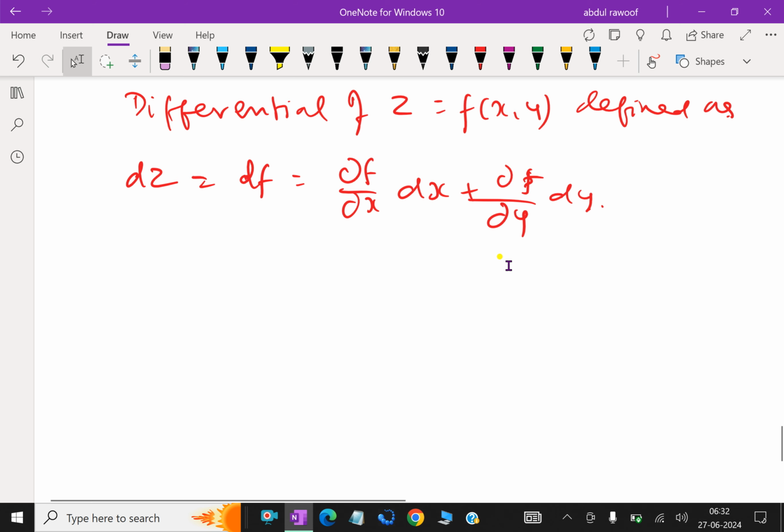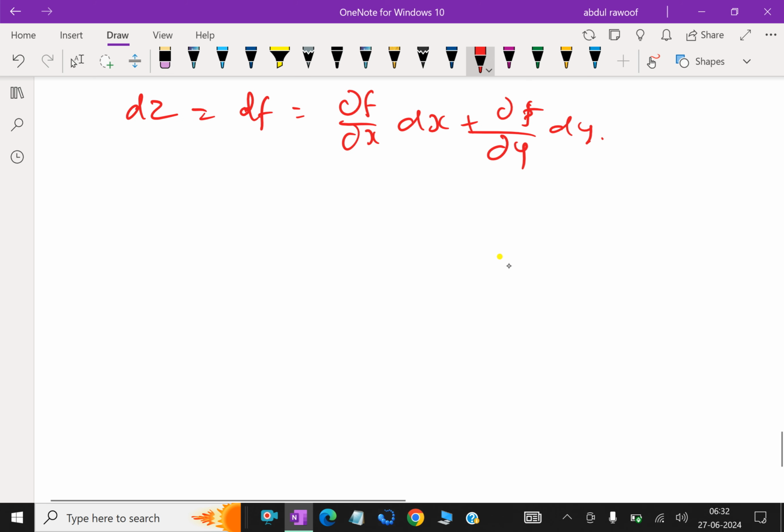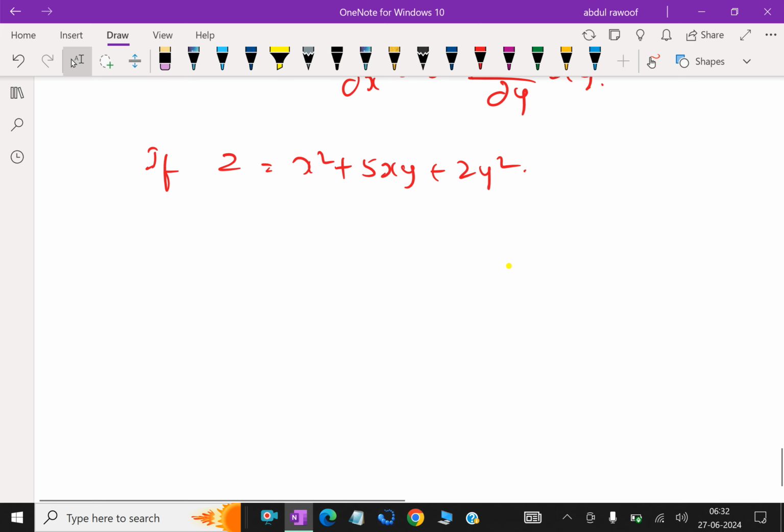Now, for example, if z equals x squared plus 5xy plus 2y squared, then zx, the partial derivative of z with respect to x, is 2x plus 5y.